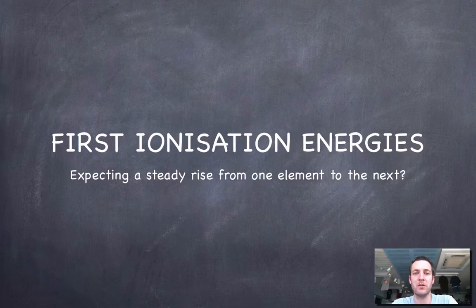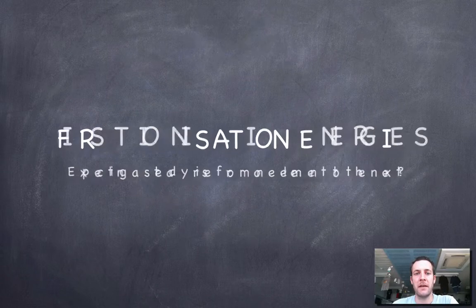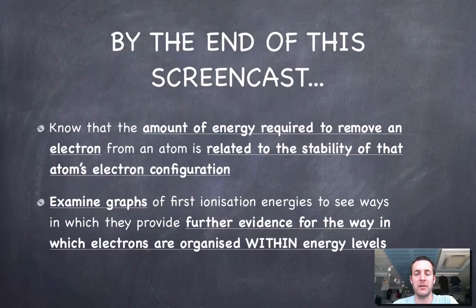In the previous film we looked at successive ionisation energies, and I suppose it's quite easy to get confused between the two things, so we'll need to be careful to draw a distinction between what the two different types of ionisation energies are. But hopefully by the end of this film you'll know that the amount of energy we need to put in to remove an electron from an atom is somehow related to the stability of an atom's electron configuration.